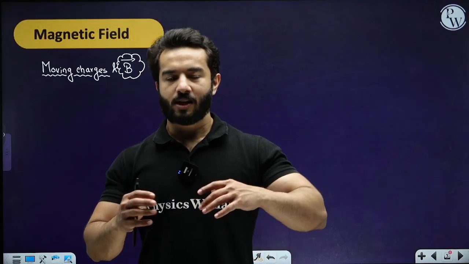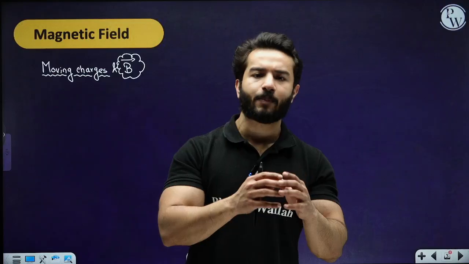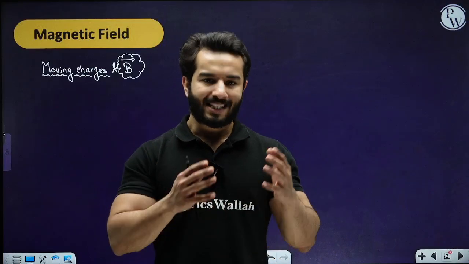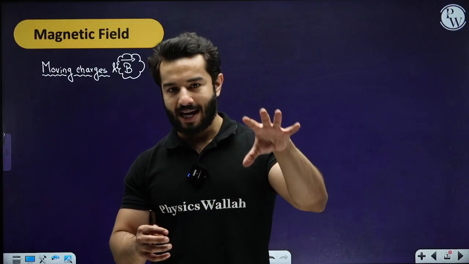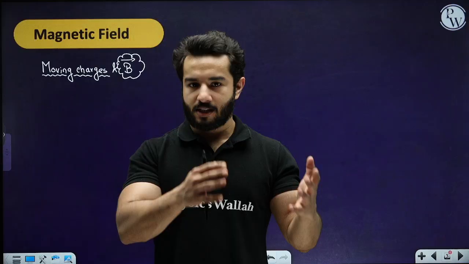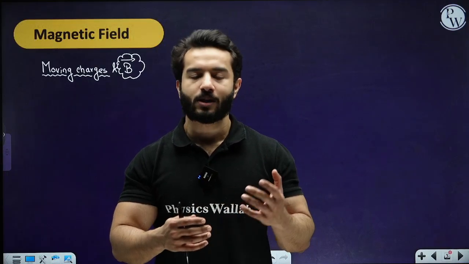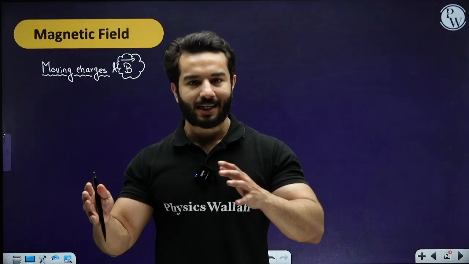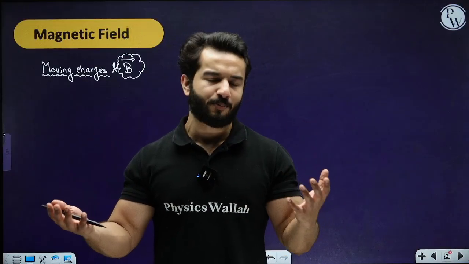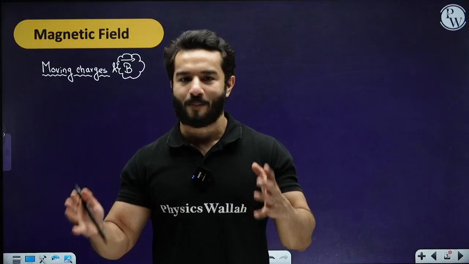Now you have learned this thing in grade 10th, that long ago, scientists used to think that magnetism and electricity are two different concepts, right? But after the experiment of Oersted, we know now that magnetism and electricity are not two different concepts, but basically they are the same thing, which can be read as electromagnetism, right?